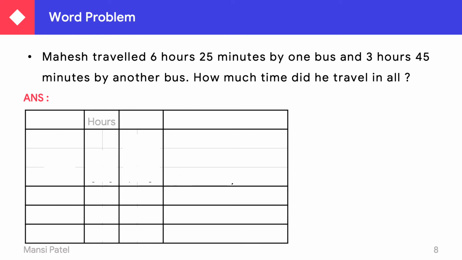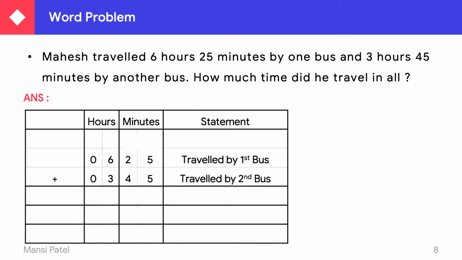So write down the hours and minutes and the statement. In a word problem, you compulsorily have to write the statement. So 6 hours 25 minutes traveled by first bus plus 3 hours 45 minutes traveled by second bus. Do the addition of the minutes first.